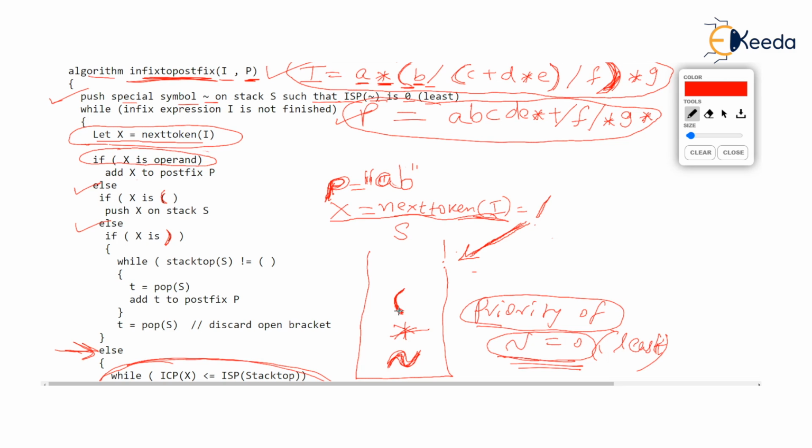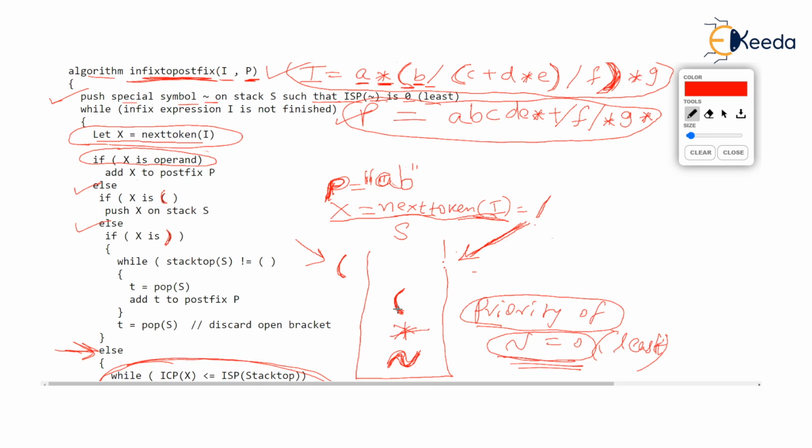See, when the open bracket is waiting to go in the stack, it doesn't have to take anybody's permission. Open bracket while coming in has highest priority and it can go on top of anyone. But when the same open bracket resides inside the stack, then it has least priority.